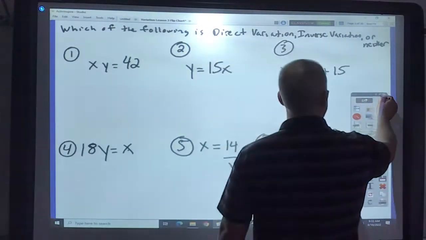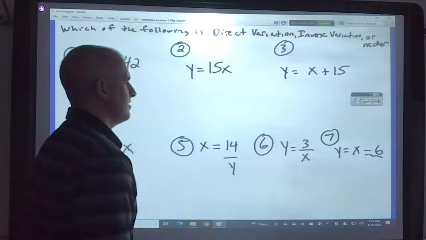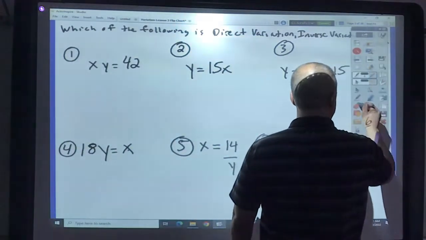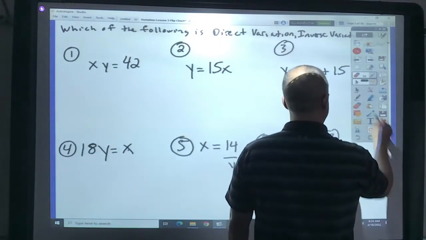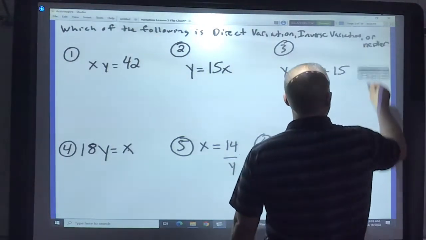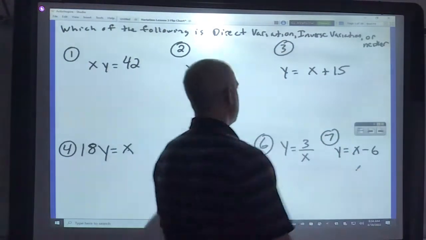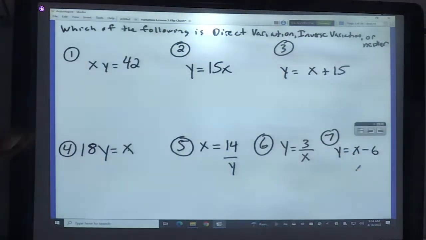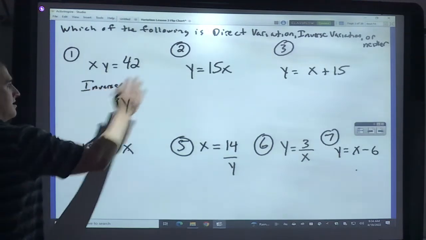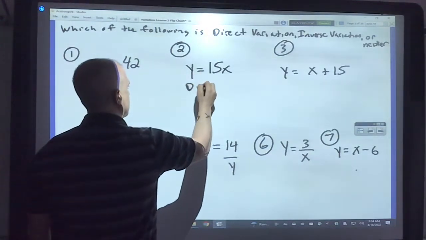All right, so if we look at these, this one would be inverse. Clearly, x and y on the same side. This one would be direct.